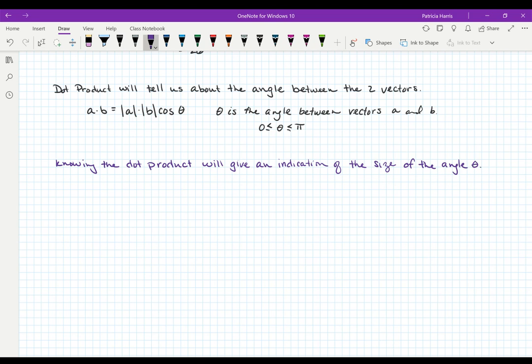Okay, so if I find the dot product u dot v, and it is 0, then that means, sorry, I lost my place.